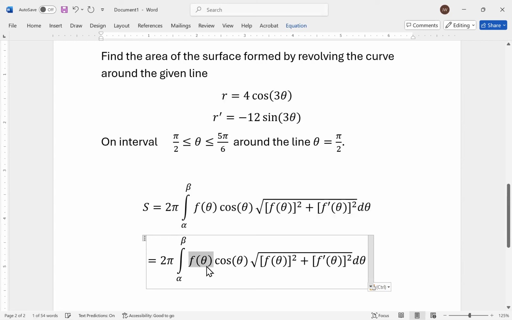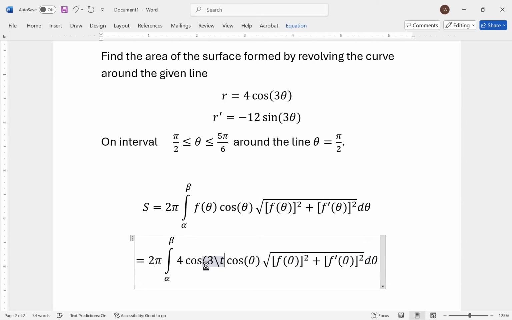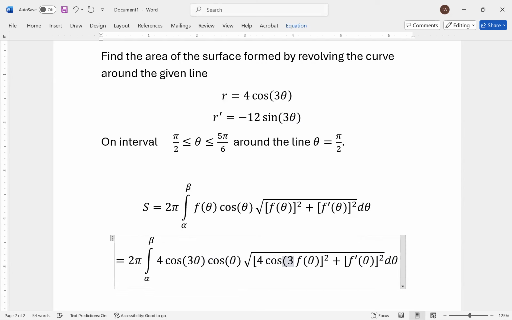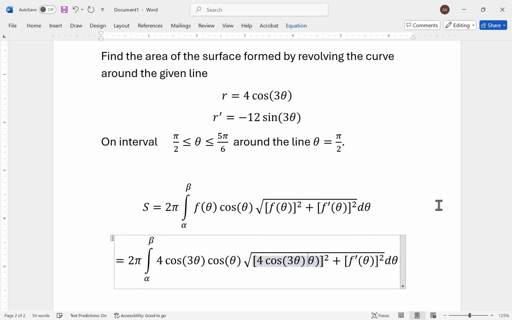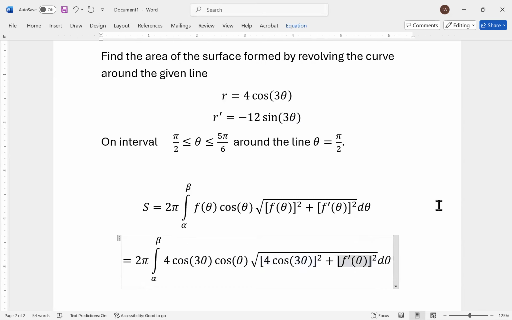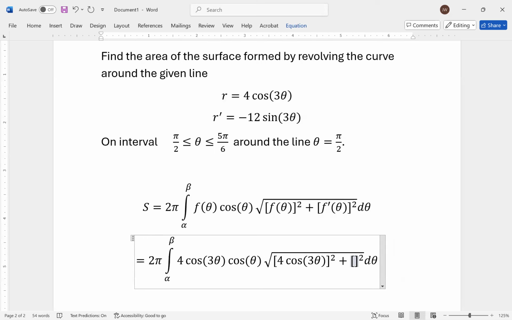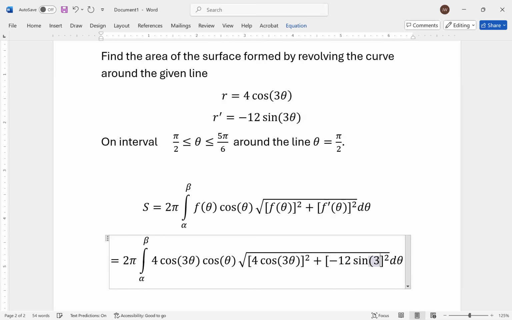So that replaces this f of theta. And then the other f of theta also gets replaced with a 4 times cosine of 3 theta. And then obviously the derivative gets replaced with negative 12 times the sine of 3 theta.